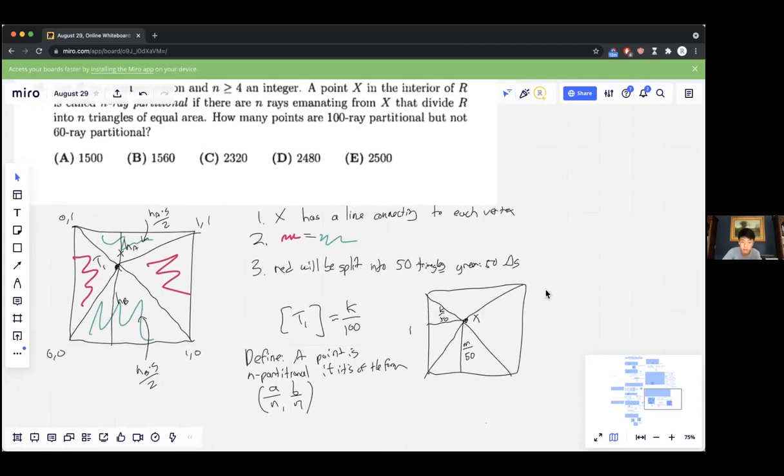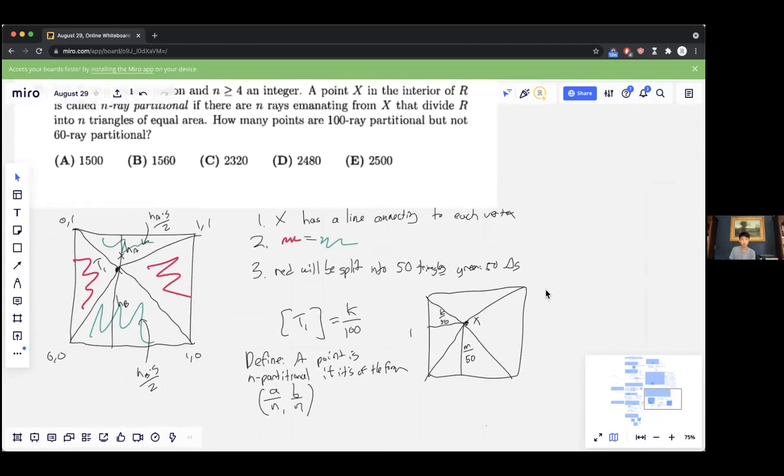In order for a point to be n partitional, it has to be of the form a over n, b over n, where a and b are between 0 and n, because it has to be in the interior of R. And so these are all of the points that are n partitional. Now that we have the definition of n partitional, we go do the answer extraction.